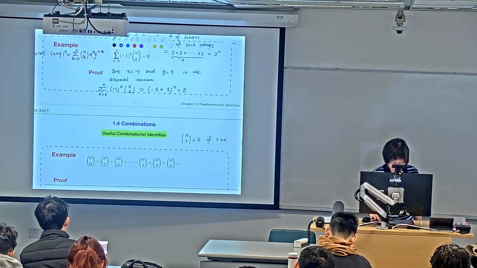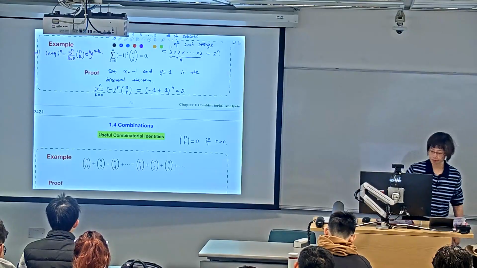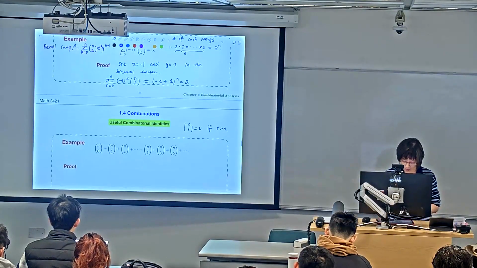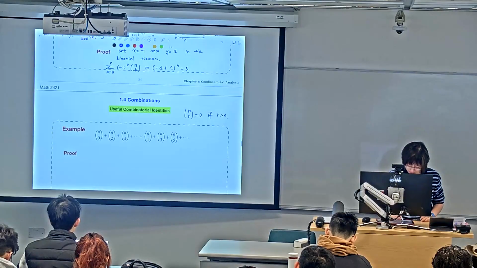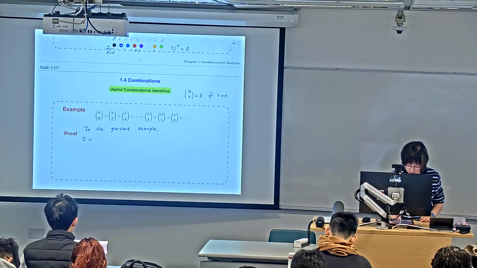So this is actually identical to the previous example, because let's write down the previous example. We showed that 0 is equal to the sum of k from 0 to n of minus 1 to the k, n choose k.